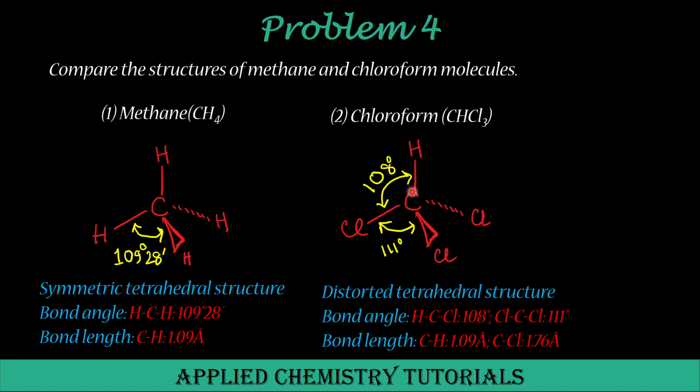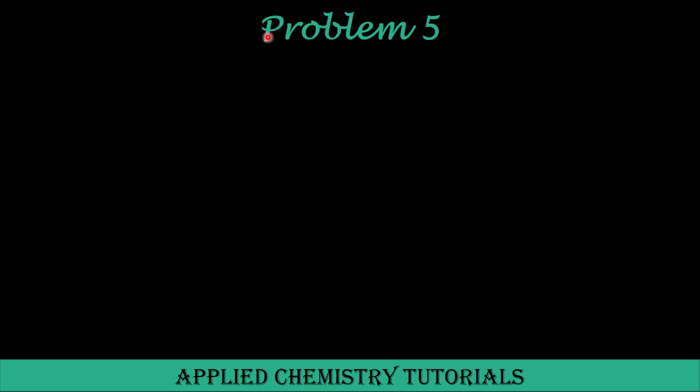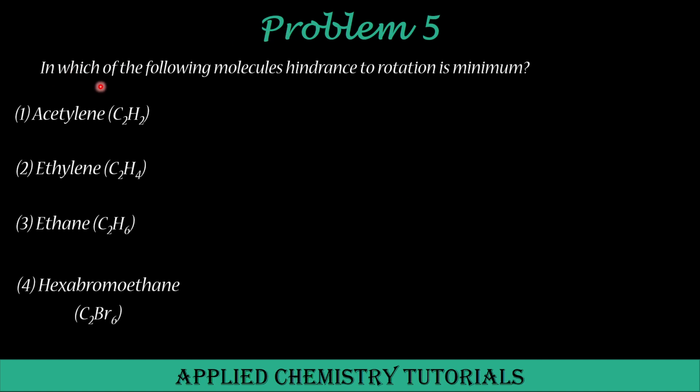Now if we see the bond length, the CH bond length is just like the regular one, 1.09 angstrom, but the CCl bond length is increased to 1.76 angstrom because Cl is a bigger atom, so its atomic radius is higher, so the bond length is also high. So we saw that the bigger chlorine atom is causing the steric hindrance, so the bond angle increases and the structure becomes a distorted tetrahedral structure.